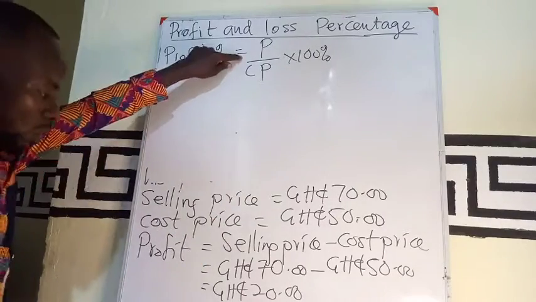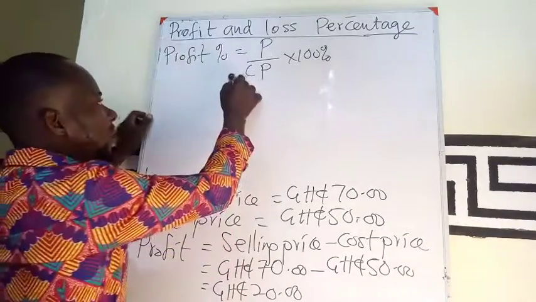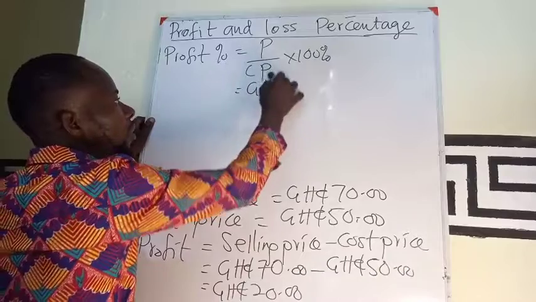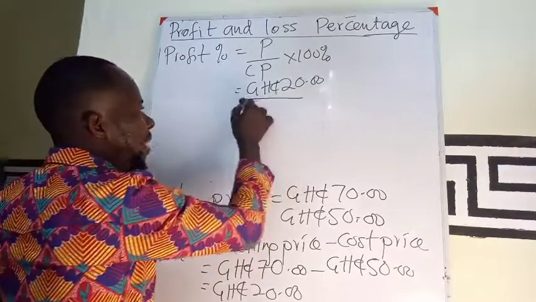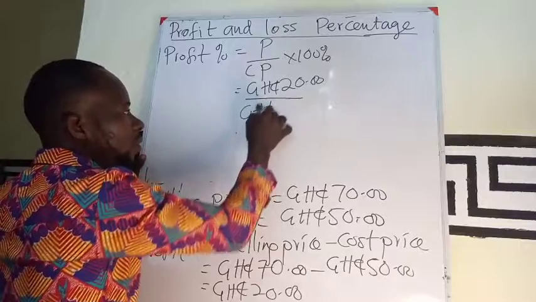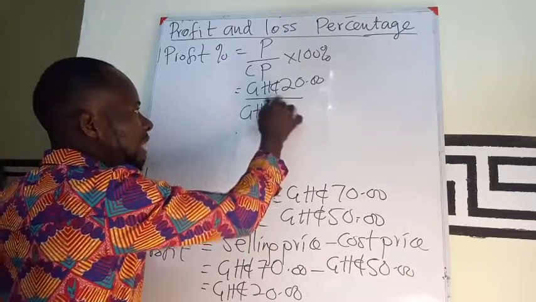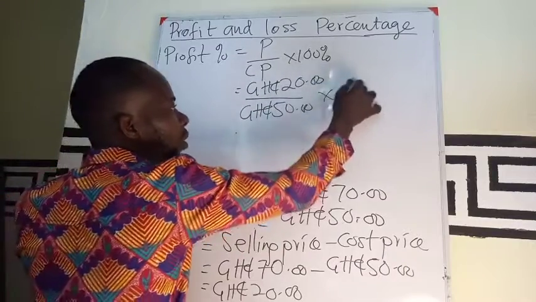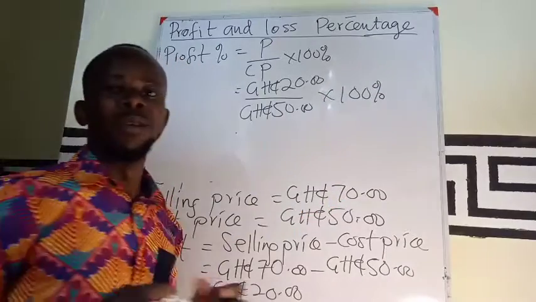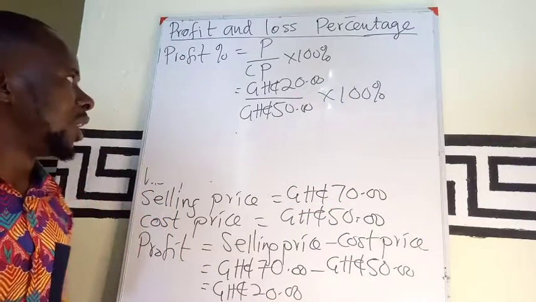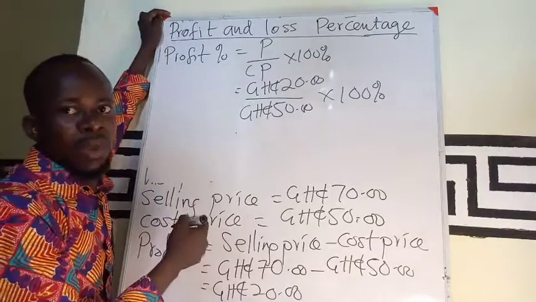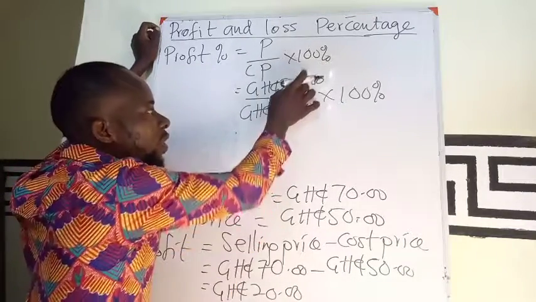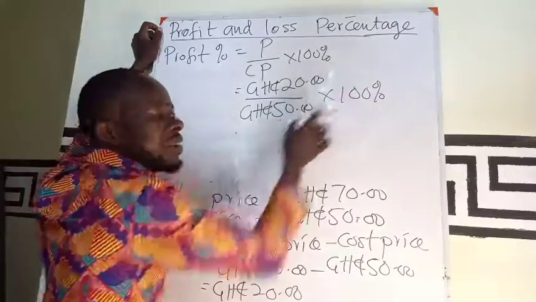So we have 20 Ghana cedis divided by the cost price, which is 50 Ghana cedis, then we multiply this by 100%. The unit of the currency cancels, so we are left with 20 over 50 times 100.